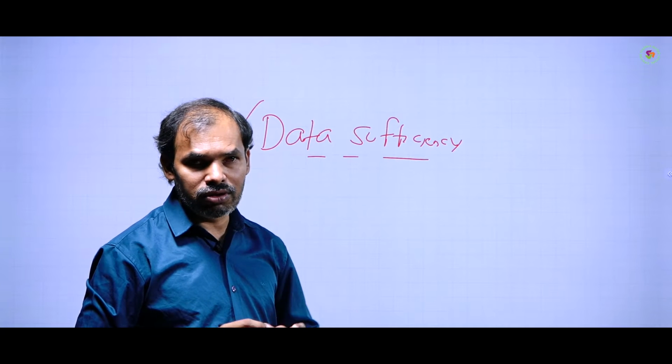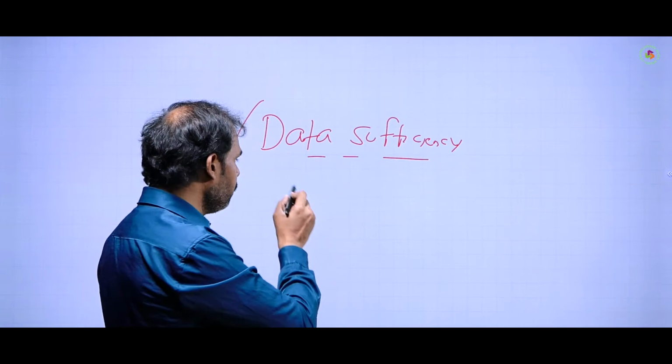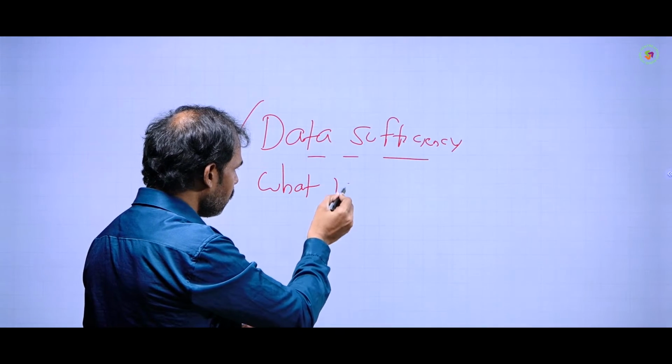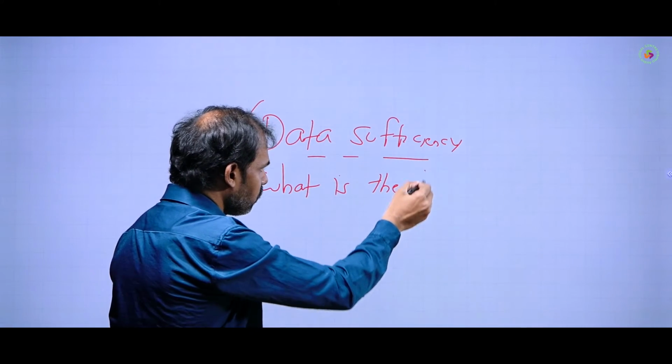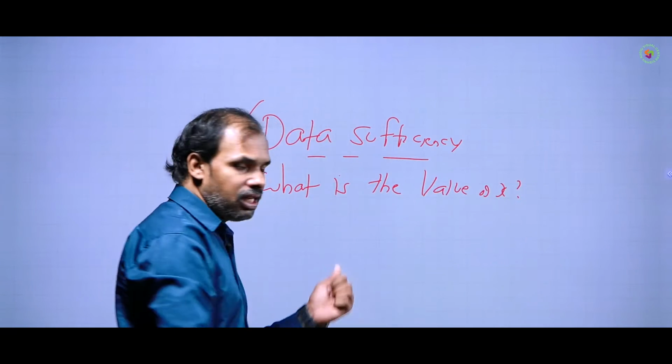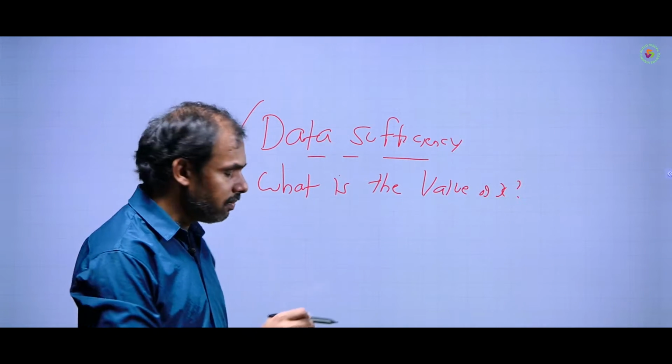How will the questions in data sufficiency look? I'll give an example. First they'll give one question like this: what is the value of x?